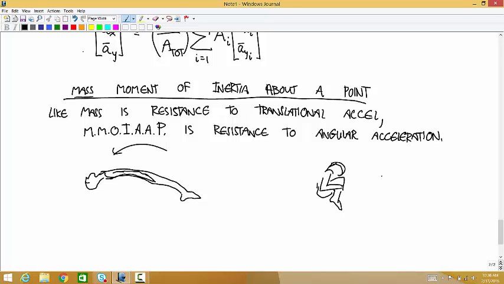The reason is that this has a high mass moment of inertia, and this has a low mass moment of inertia. So it's relatively easy to get this rotating. It's relatively hard to get this rotating, which means you have to spend a lot more time in the air to do the same number of flips.